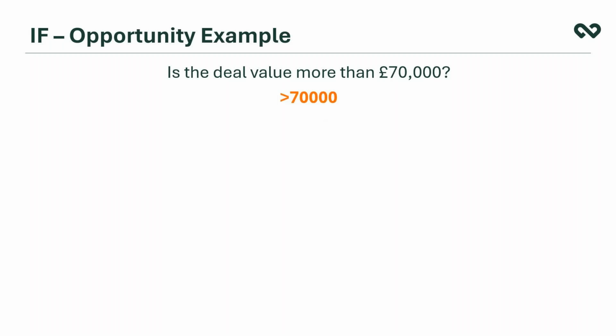So within your formula, you would make sure that you have greater than 70,000. For your yes statement, you would then put the words important deal. And one thing you should note is as we're adding a text, you need to make sure that you've got the apostrophes before and after, which tells the system that it is a text value.